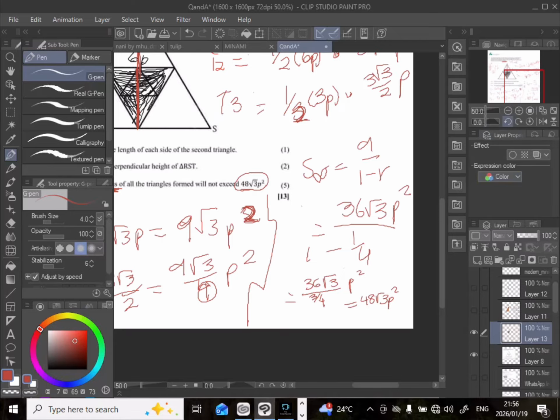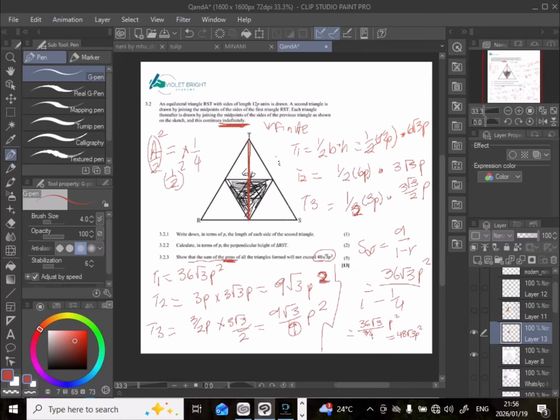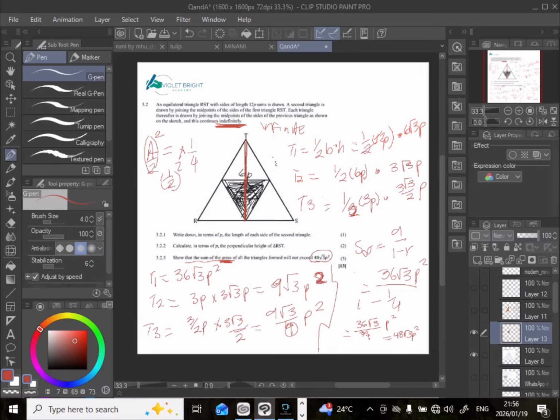Just like that. So now let's do a simple recap. Why did we do this whole thing? Remember, first things first, they said we must show the sum of areas, which means the first term, the second term, the third term, and so forth, are equal to the areas of those triangles.